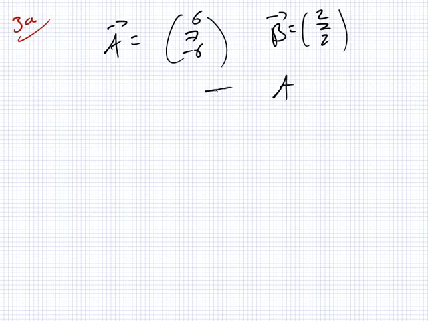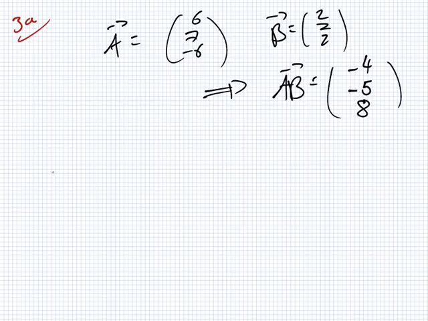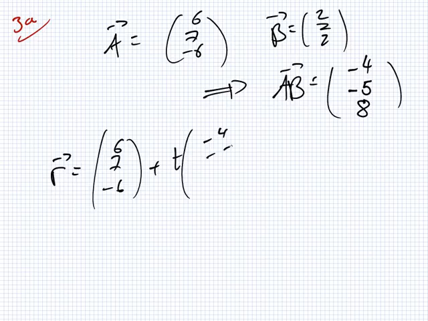So that means AB is B minus A. 2 minus 6 is minus 4, 2 minus 7 is minus 5, 2 minus minus 6 is 8. So the R is 6, 7, minus 6 plus T AB.